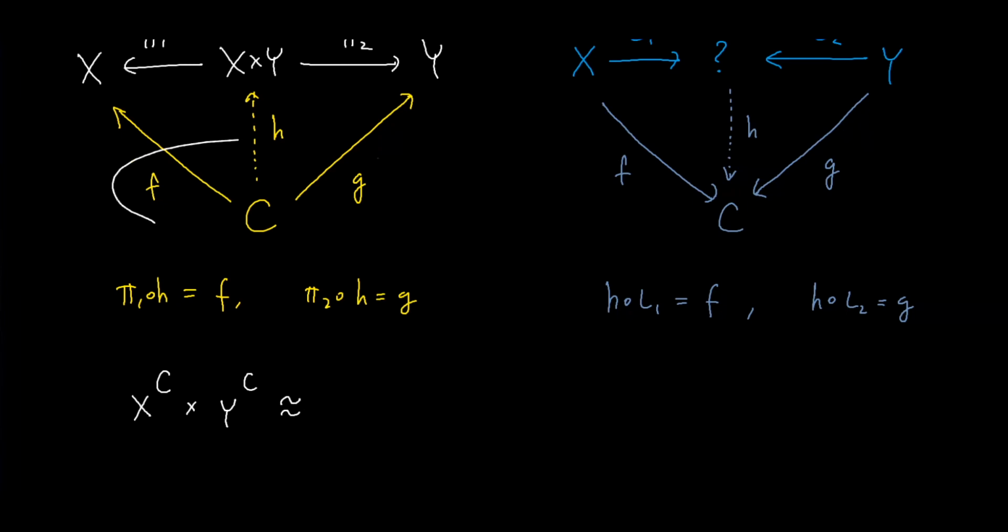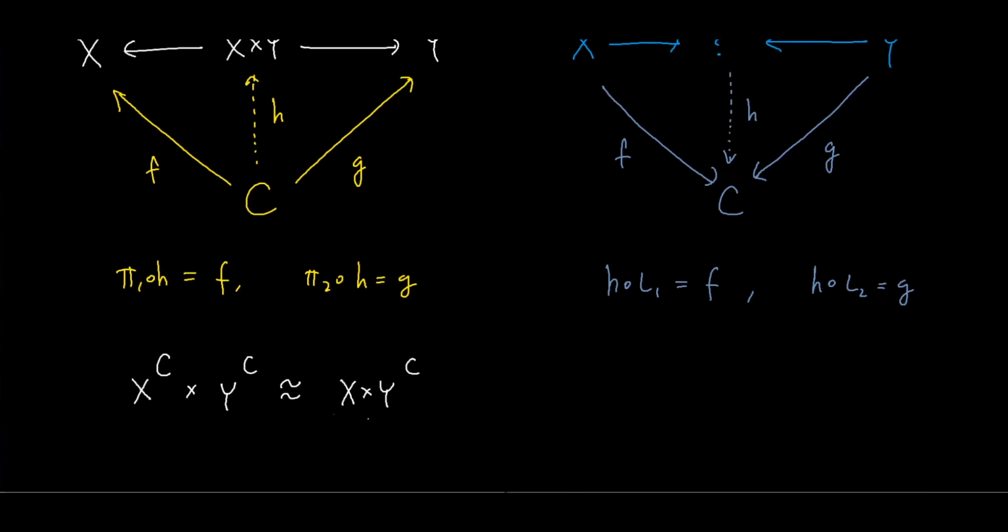There's a one-to-one correspondence between pairs of f and g, and arrows h, and X cross Y to the power C. And if we didn't know what to put here, we could have guessed, because if I count the number of elements when these sets are finite, the number of functions from C to X is X to the power C, where X is the number of elements in X and C is the number of elements in C. And so X to the power C times Y to the power C is equal to X times Y to the power C. Then we just have to find a set whose number of elements is the same as the number of elements in X and Y multiplied. And of course, that's the Cartesian product.